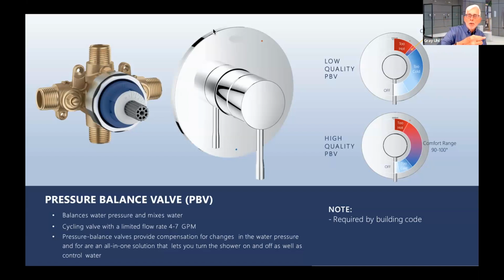So typically on a pressure balance, you first turn it on, you go through cold, all your different temperature range to full hot. And then to turn it off, you turn it off again. Some of them do have volume control, but in North America, with the restrictions in all our shower heads, almost no one wants less water when they're showering. So the majority of pressure balance out there now don't have a volume control.